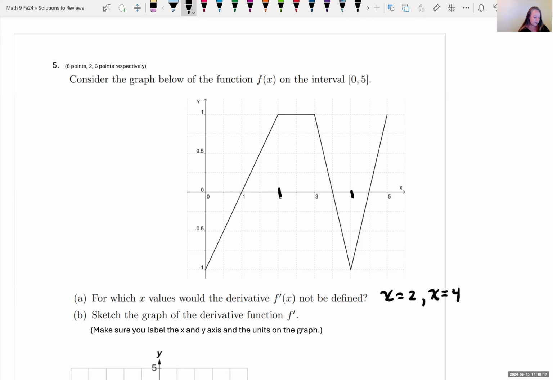Looking at the graph, we want to graph the derivative function. So noticing this first piece, as x is going from 0 to 2, it's a line, so the slope is the same everywhere on that line. So let's just look at a couple points on these lines.